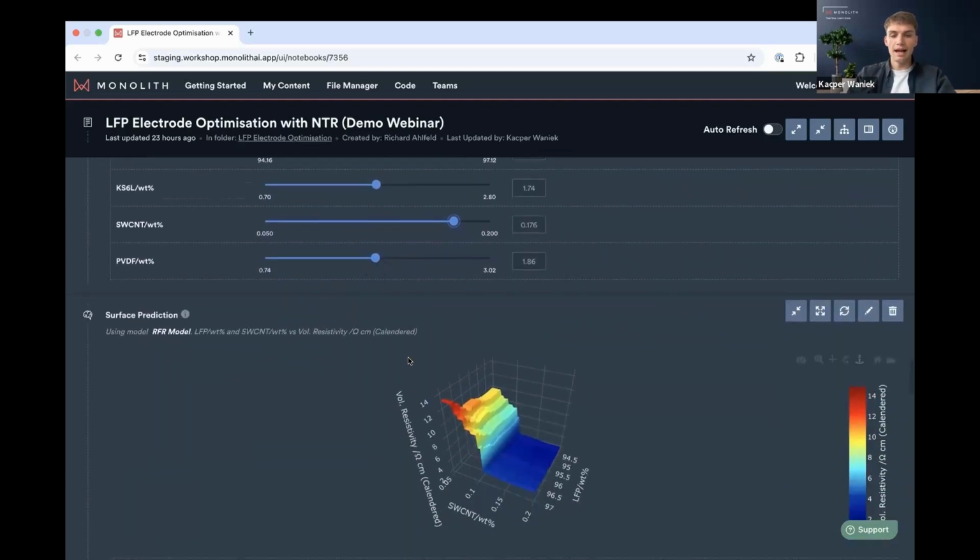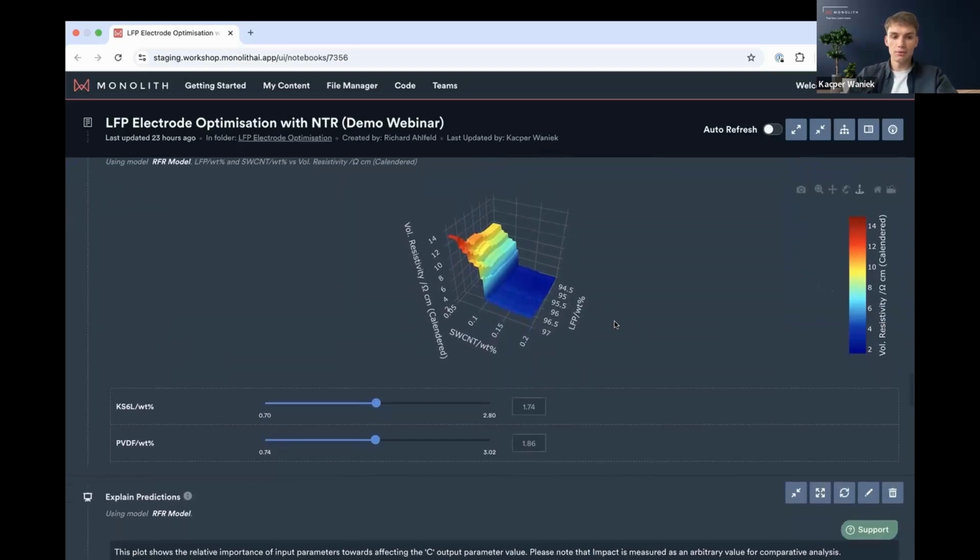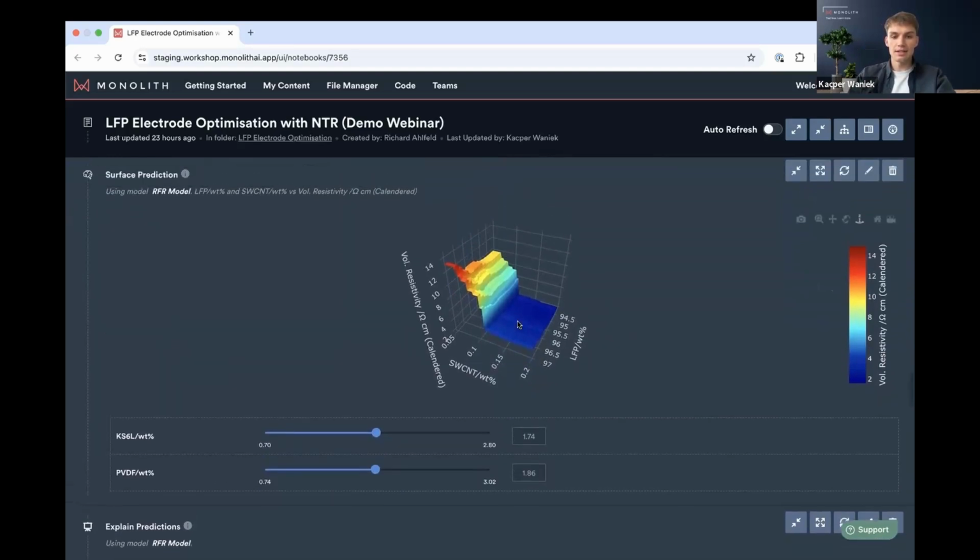We also have a surface prediction feature on the platform. And this allows us to interactively test how changes in the individual inputs change with a certain output. So specifically here, we can visualize complex interactions, specifically how the LFP and the SWCNT composition affects the volume resistivity.